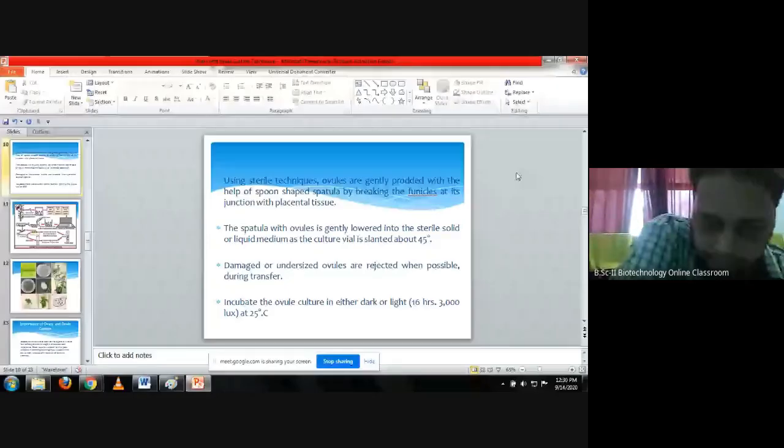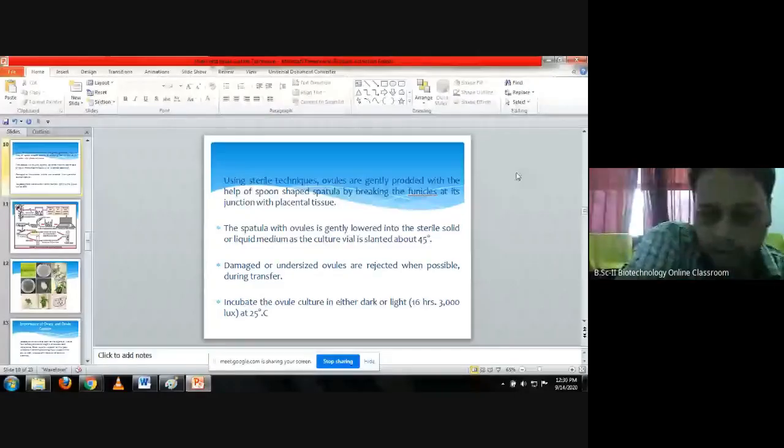Damaged or undesired ovules are rejected when possible during transfer. During breaking, some ovules will get damaged. They will be crushed and cell sap will come out. If you keep them outside for a longer period, browning will take place due to phenolic secretion. Such ovules are rejected.